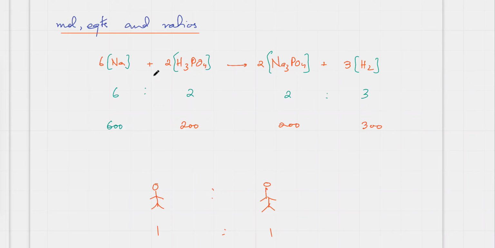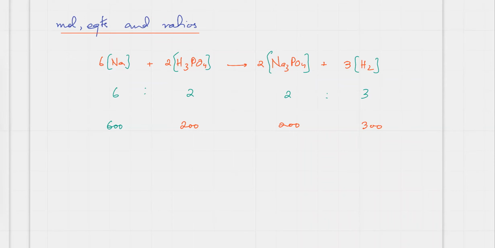If you're mixing molecules, the ratio is the ratio of the number of particles. It's the counting that you're doing. You're counting things in moles. So you're going to have 6 sodium atoms and 2 phosphoric acid molecules. It's not the ratio of the mass or any other thing. It's the ratio of moles.